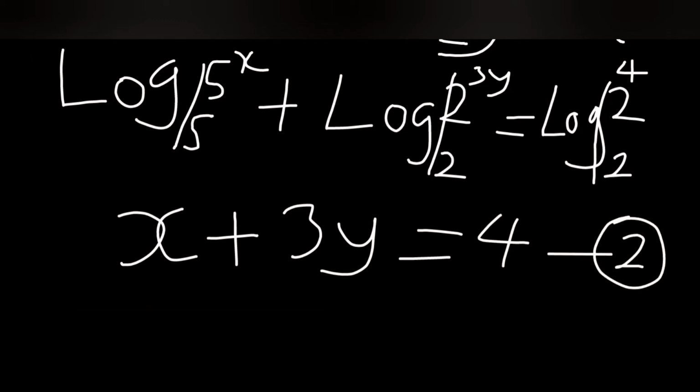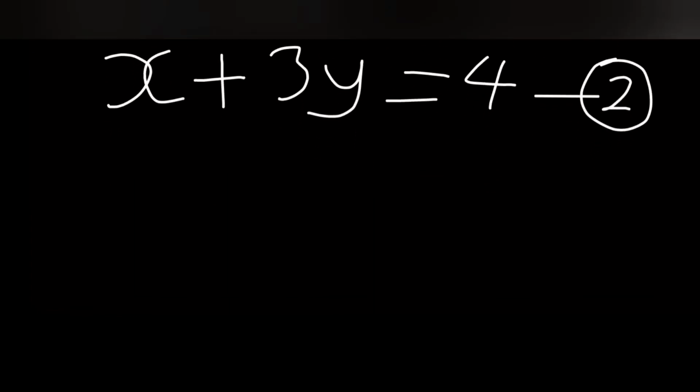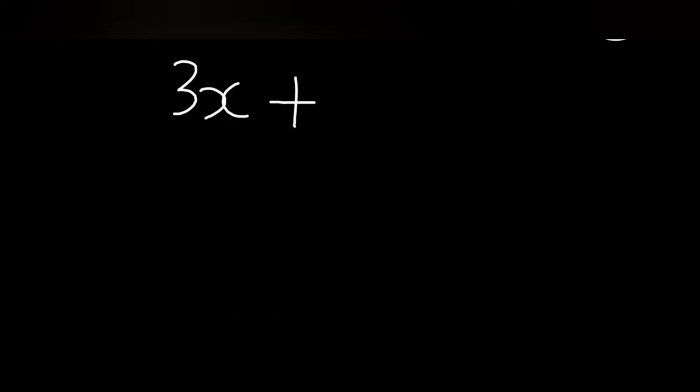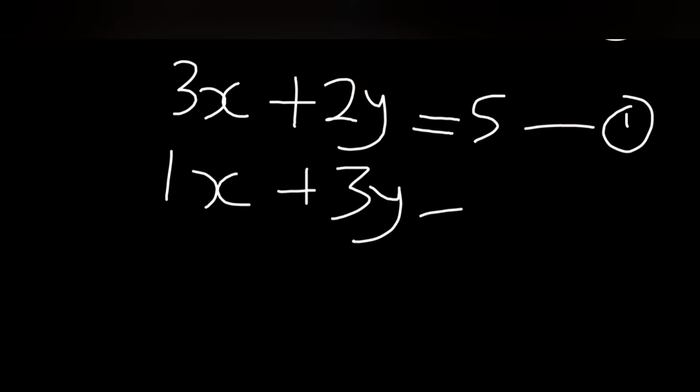So to move on to the next thing, we're going to compare the two equations. If I compare the two equations, it will look like this: equation 1, which is 3x plus 2y is equal to 5. Remember, this was our equation 1. Then together with equation 2, which is 1x plus 3y is equal to 4.